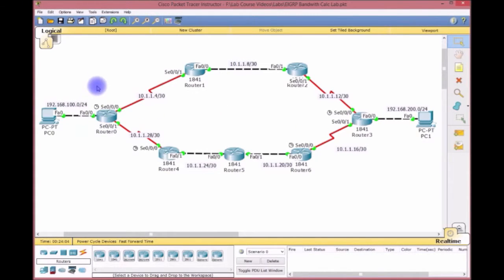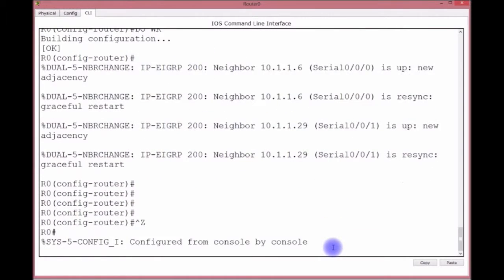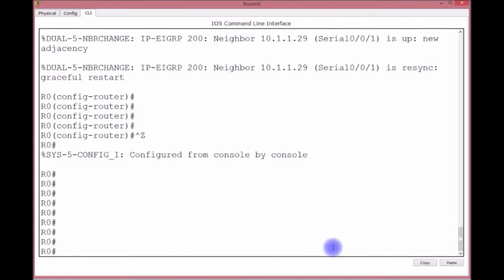So let's take a look at this router right here. Let's take a look at this router 0. Let's take a look at its topology table. You see it's creating neighbor relationships, right? All right. So let's see who he has. Let's do a control Z. And let's look at the routing table. I'm sorry. Show IP route.